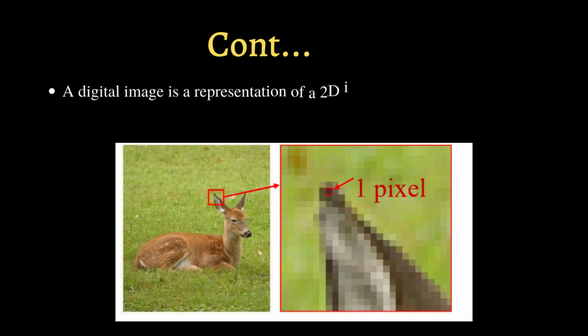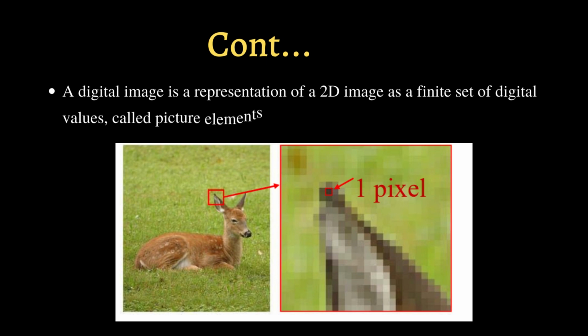You can see a single pixel in this image. A digital image consists of a fixed number of rows and columns, a collection of pixels, and that is what we call an image.